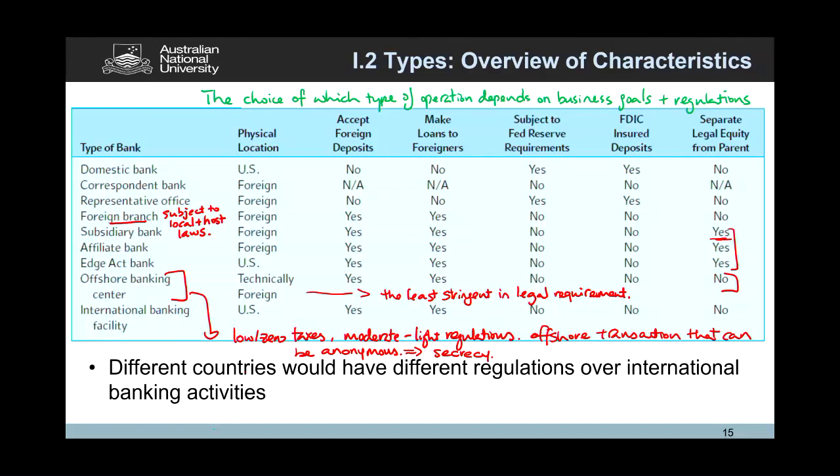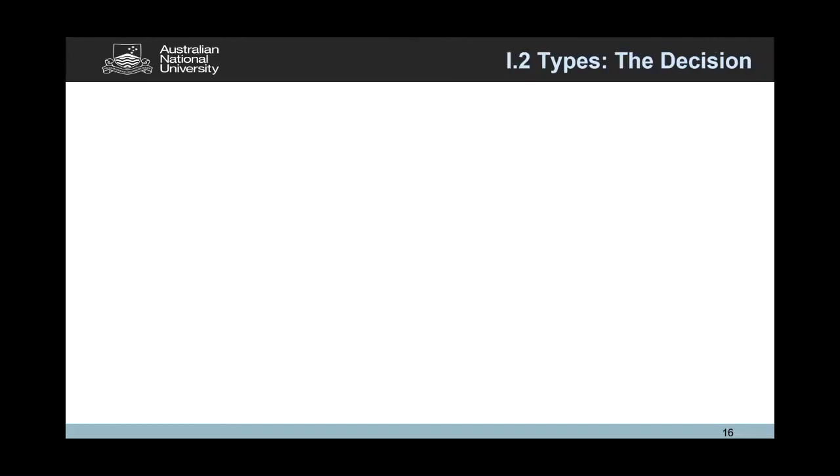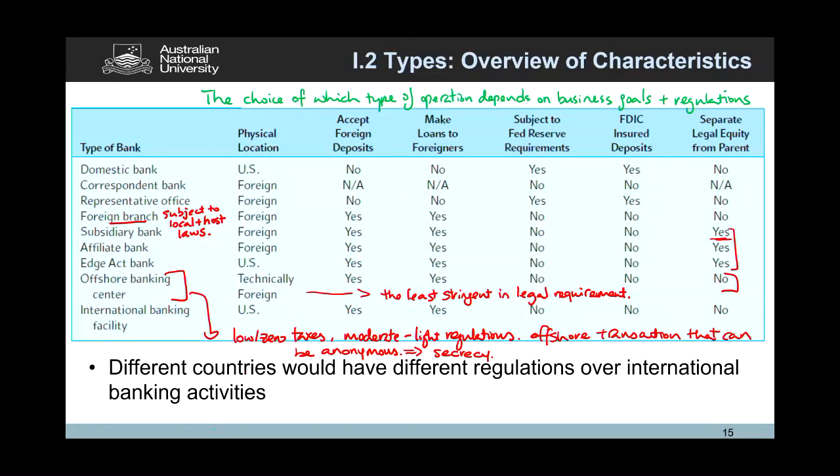Very good. All right, so what type of thought process does a bank think about when it decides to go to operate in an international market? As we saw, there are a lot of organizational forms that they can choose.